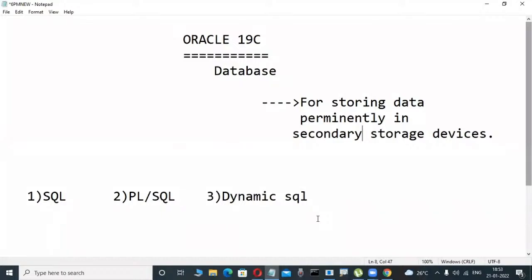ETL developers always need subqueries, joins, materialized views, indexes, partitions, some concepts. OLAP features, rank, dense rank, this type of analytical functions, lag and lead analytical functions, some knowledge is required. And PL/SQL stored procedures. Yes, before 10 a.m., 3 batches are there, don't worry, because already some syllabus is going on.